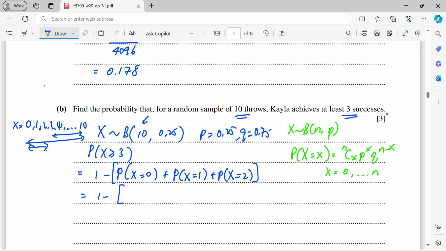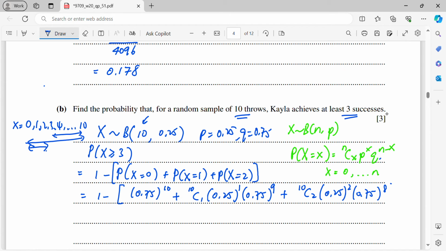When x equals 0, it means no success, so all failures, so it will be 0.75^10. P(X = 1) means 10C1, 0.25, 1 success, and then 9 failures, plus 10C2, 0.25 squared, then 0.75^8. That will be the working.